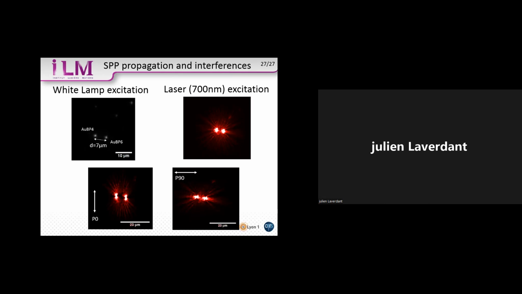You can increase the distance of excitation between a donor and an acceptor. You can increase it to around a few tens of microns. So you can increase it by, I think, something like 1,000. You can increase the interaction distance. So this can be very interesting for many applications.